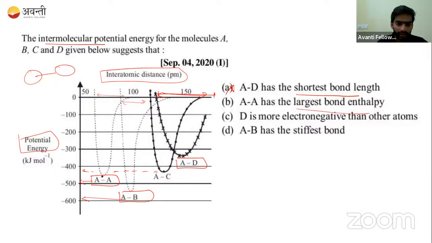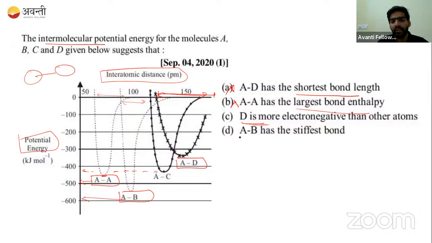If you see here, does AA have the highest potential energy? So this is also the wrong statement. Another is D is more electronegative than the other items. So no, D is not going to be more electronegative, just because it has the larger bond length.